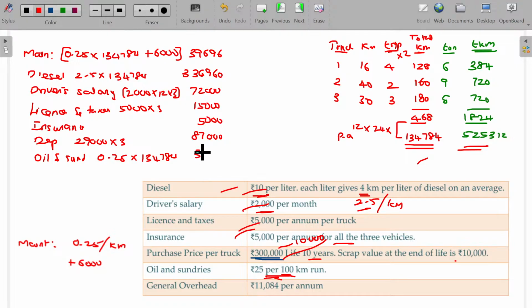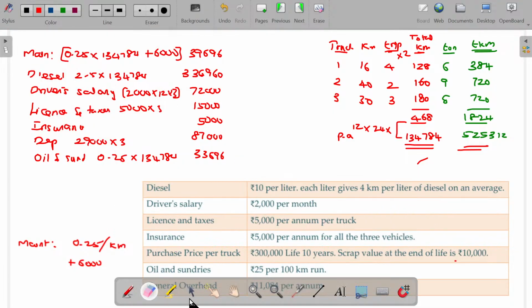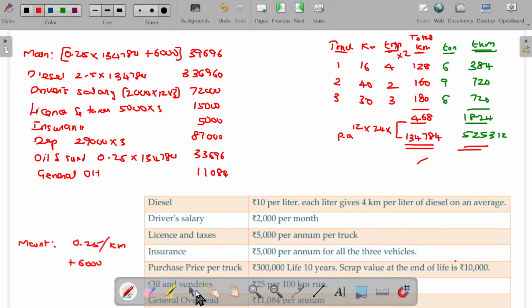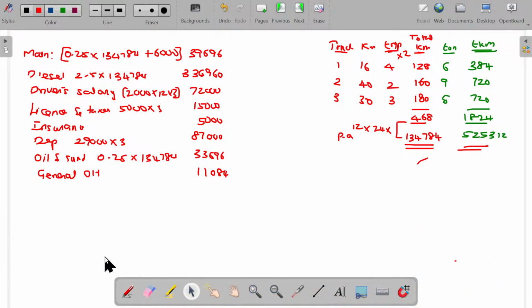This value being 33,696. Apart from that, we have general overheads, here being 11,084. So we have posted all the costs here.